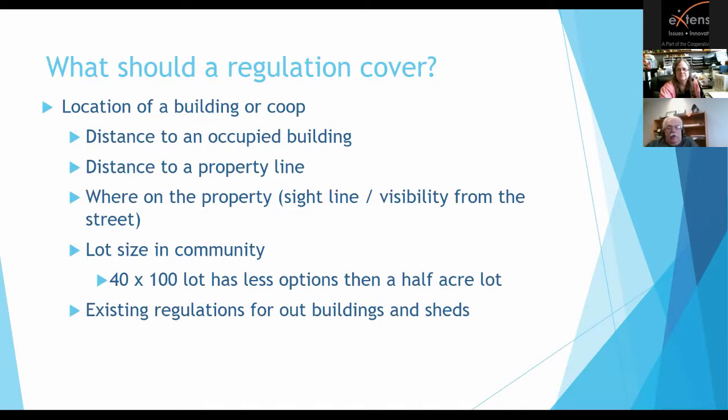Another thing that the regulation should cover is the location of a building or a coop. You need to start thinking about the distance those buildings or sheds or coops are from an occupied building. I like to use the words occupied building as opposed to a house or a residence, because that involves stores, it involves offices, things of that nature.